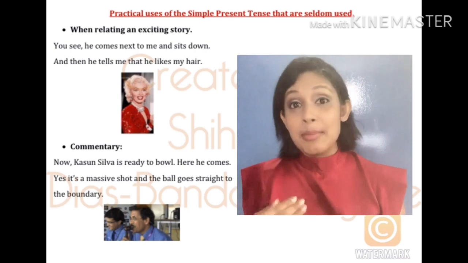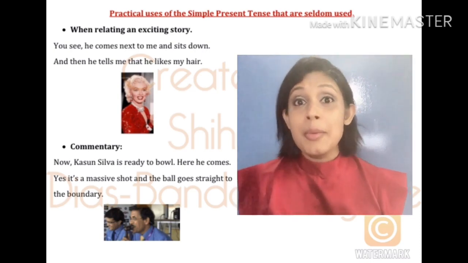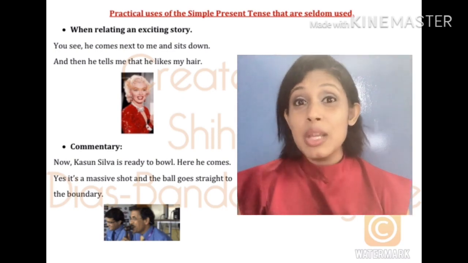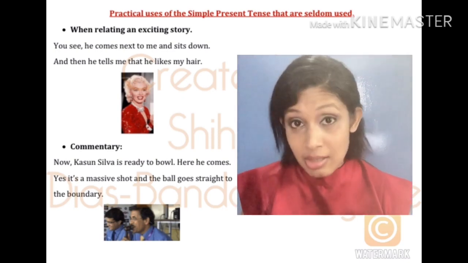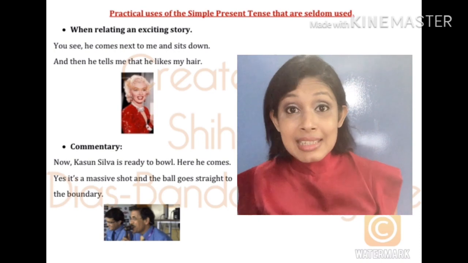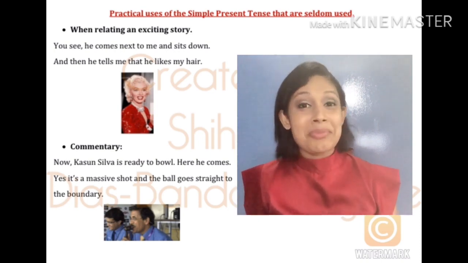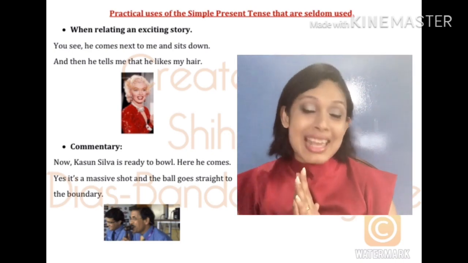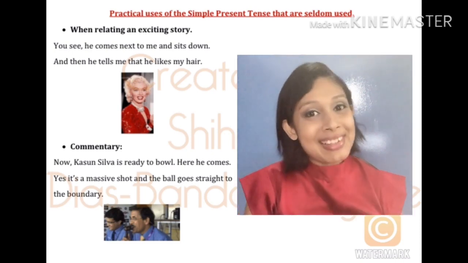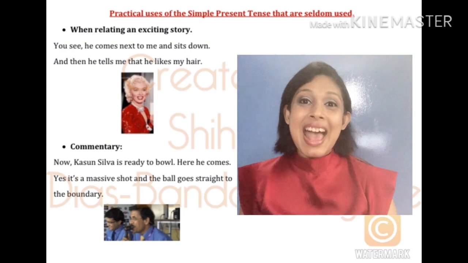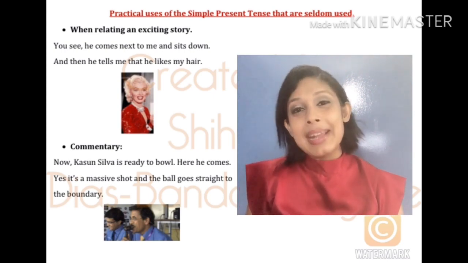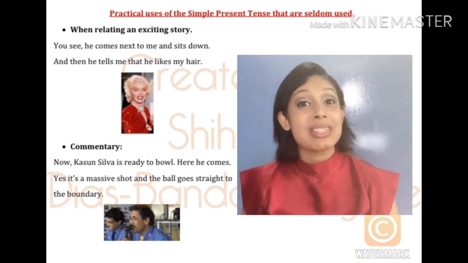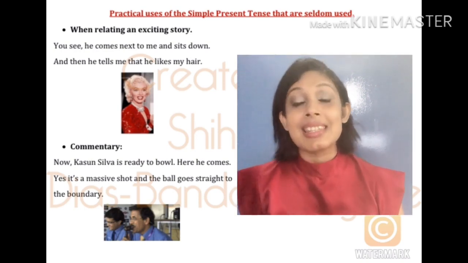And then with the cricket commentary, typically we should use the present continuous tense because it's happening right now, but practically we can use the simple present tense as well. So these are practical uses, and theoretically they might seem a bit odd, but practically we do use the simple present tense for these instances as well.